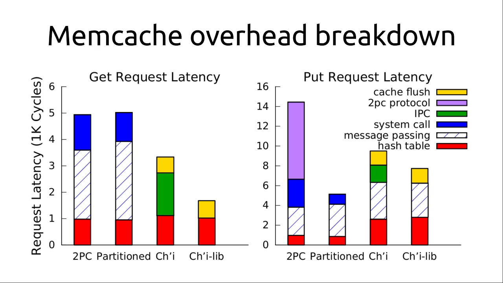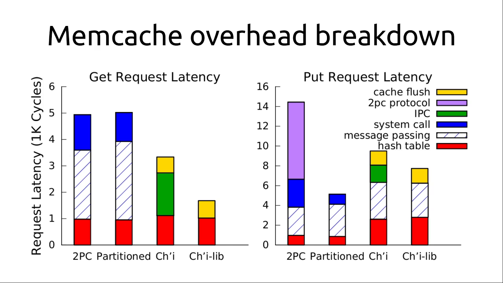And we can see that two-phase commit has some additional overhead for the two-phase commit protocol. We can see partitioned has all of the overheads that are effectively identical to what they were on the left for GET, because we might have IPC that we need to use to go in between the different nodes.